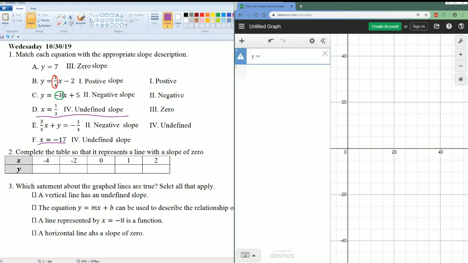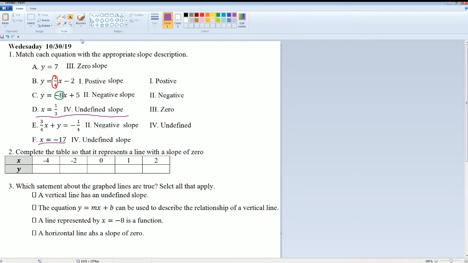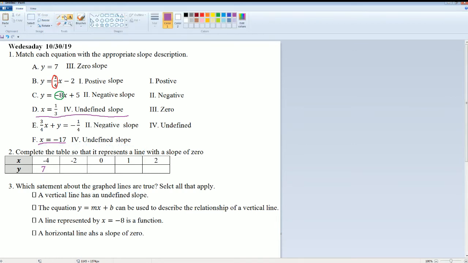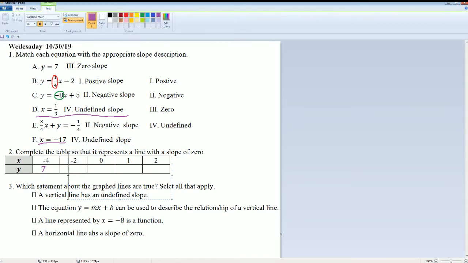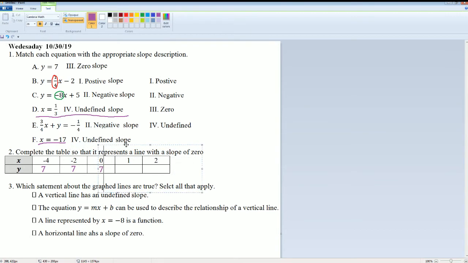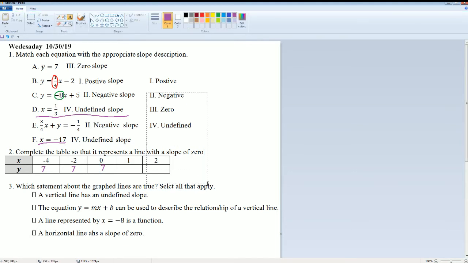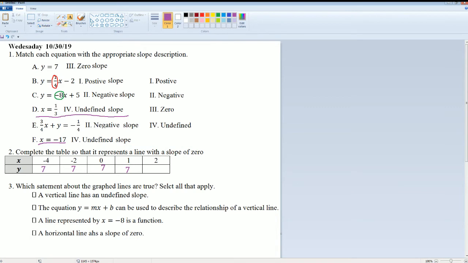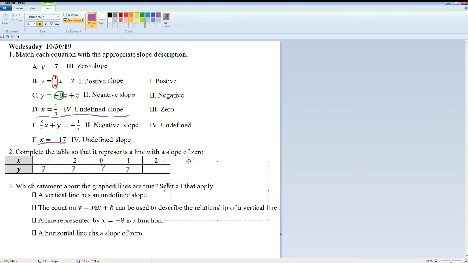So all we have to do is just enter a value here. We could make our life easier by just saying it is just 7 all the time. This could be a 7. This could be a 7. This can be a 7. This can be a 7.